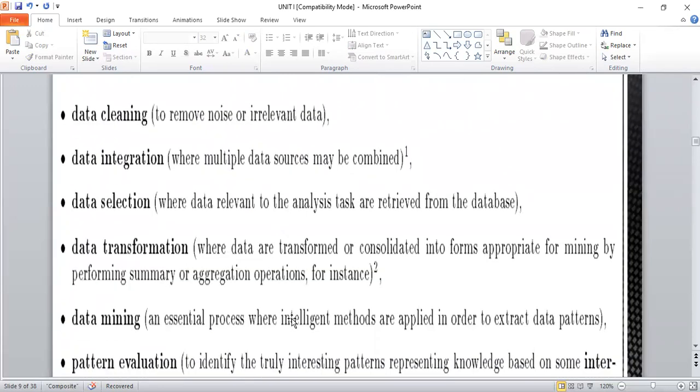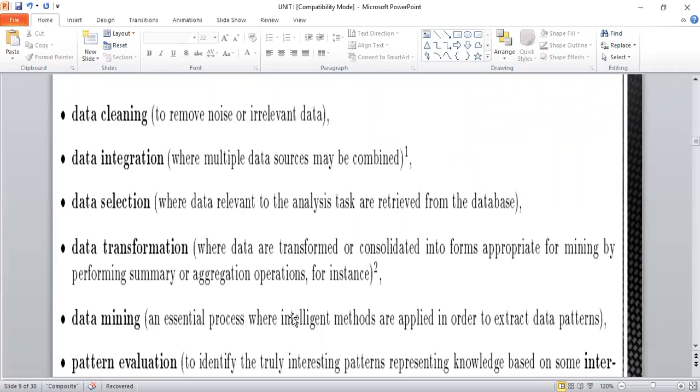So the first one is data cleaning. Data cleaning, as it is written over here, is removal of noise or irrelevant data. Yes, noise also can be there in the data, so you have to tackle that kind of data and remove that noise.